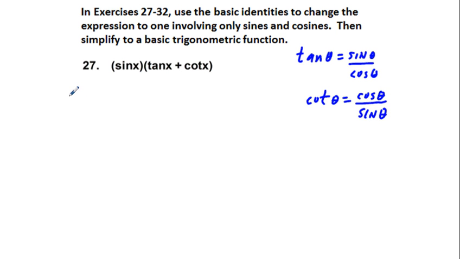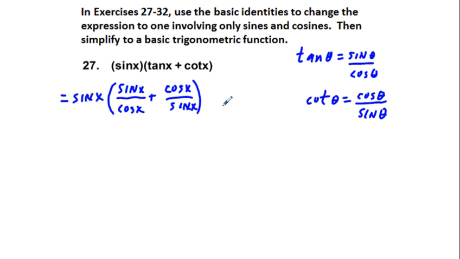Okay, let's apply that here for number 27. So we have sine x, we'll leave sine x on the outside, and on the inside here, parentheses, we're going to replace tangent x with sine x over cosine x, and we're going to add cosine x over sine x, which we replaced here.